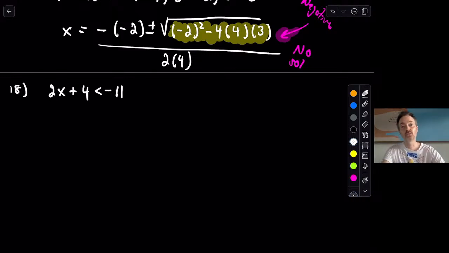Okay, the next bunch of questions are all inequalities. You have to be much more careful when dealing with inequalities than you do compared to equations. There's more things you have to check.